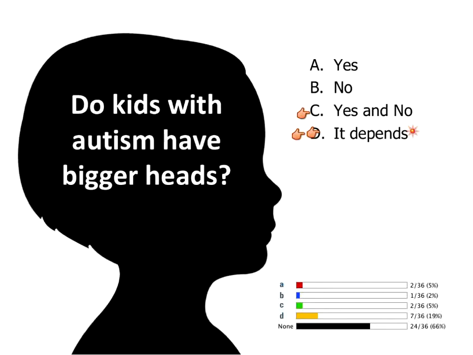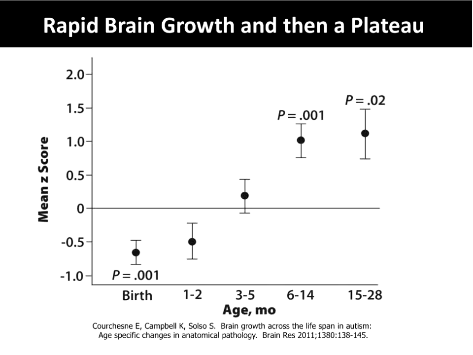So I'm going to fill you in by showing you another slide. It's actually everybody's right no matter what they put, because it does depend. In the sense, D is the correct answer, so I'm just throwing that out there. But there was a lot of research done related to this rapid growth of the brain.